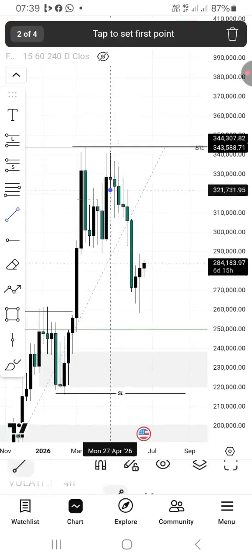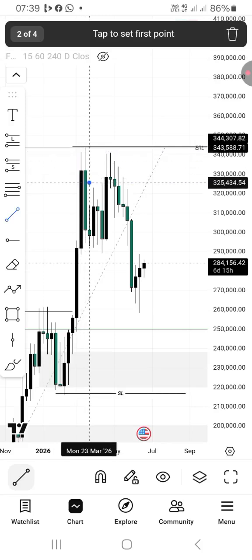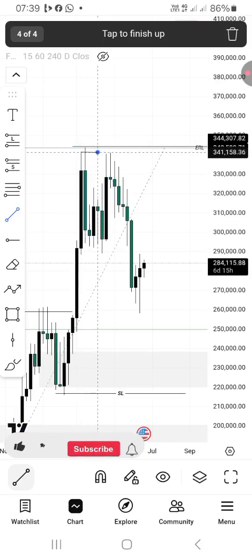At this high here, we took out this high. This particular week, Monday 16th March 2026. We took out that high there.